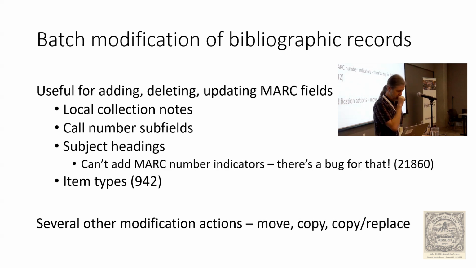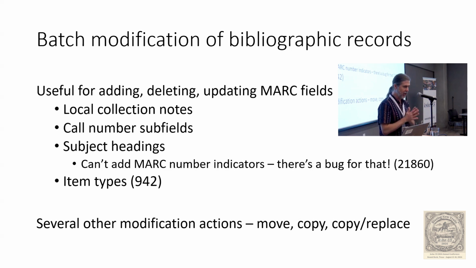One thing I'll say about the modification tool as its weakness or limit is that you're not able to add indicators to MARC fields. I find this particularly troublesome for subject headings and genre/form headings. It's easy to delete subject headings. It's not really easy to add subject headings.